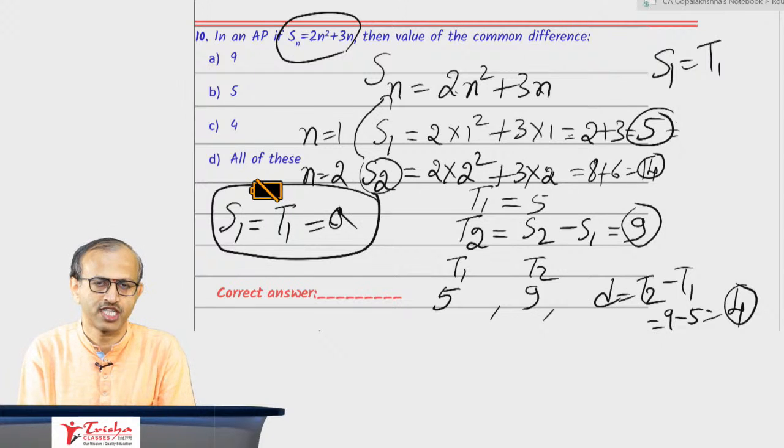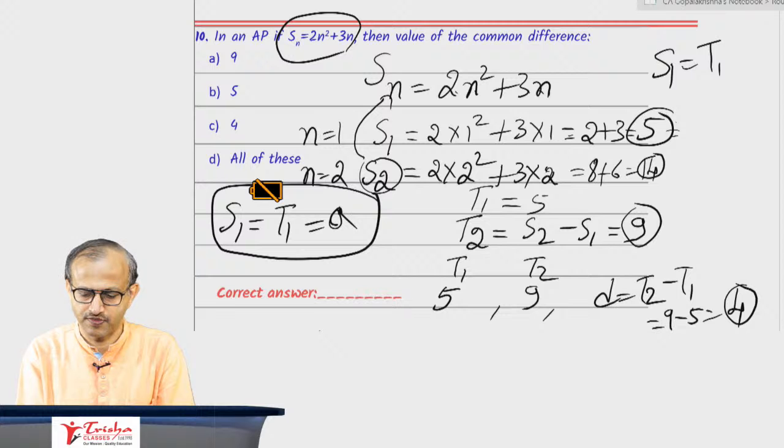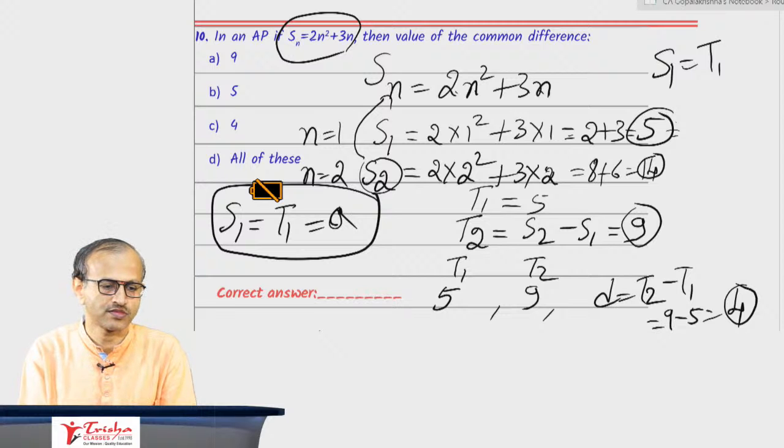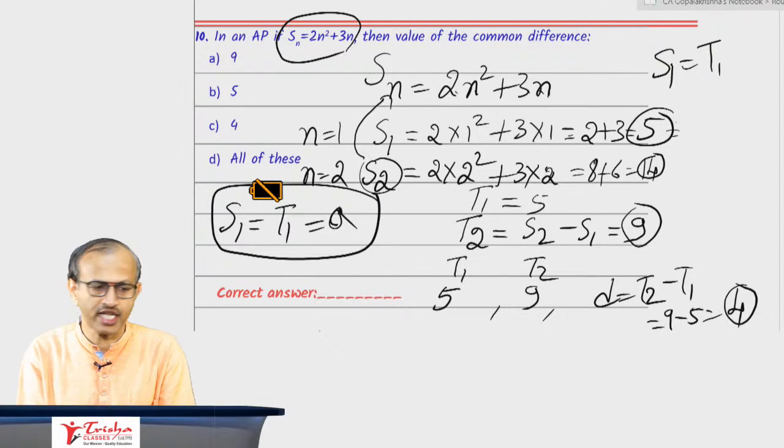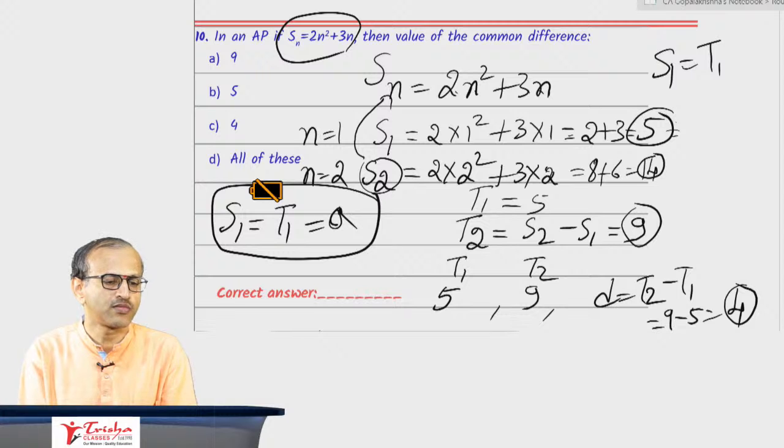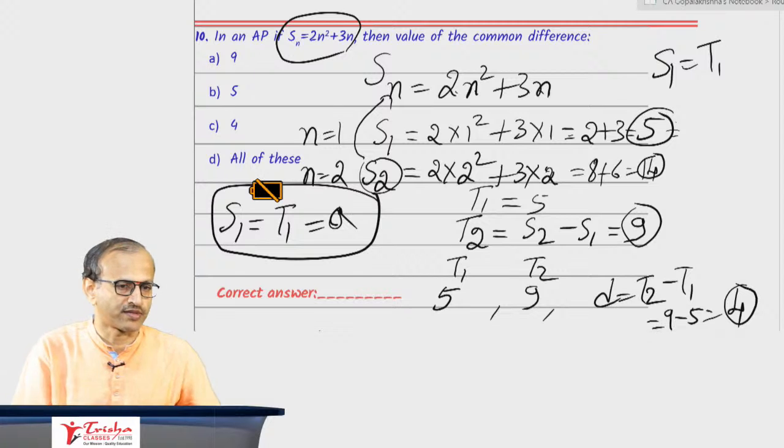Correct. T1 plus T2 is equal to S2. These all questions will come to you, don't worry. Have you taken this solution? Please let me know. Super.